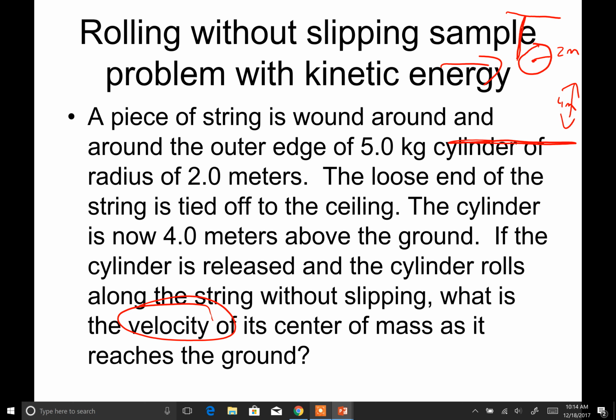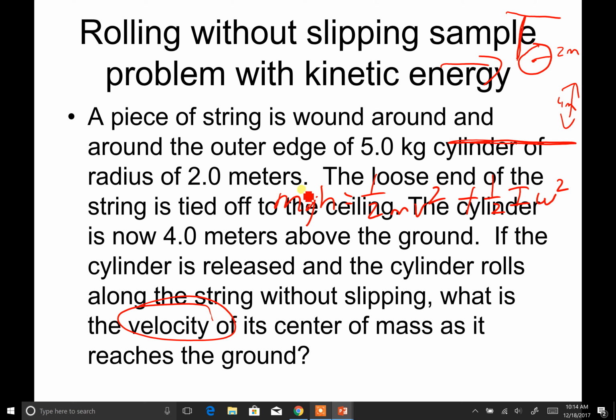When the object is up here, it has gravitational potential energy, mgh. And as it falls, it's going to have both translational kinetic energy, 1/2 mv squared, and rotational kinetic energy, 1/2 I times omega squared.